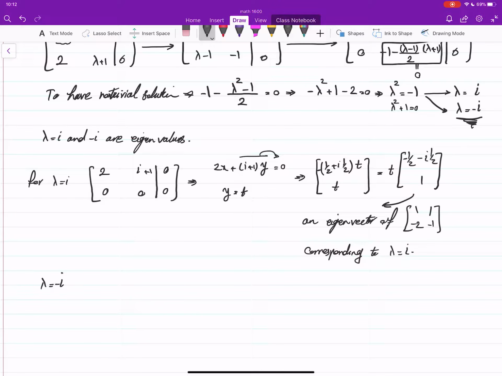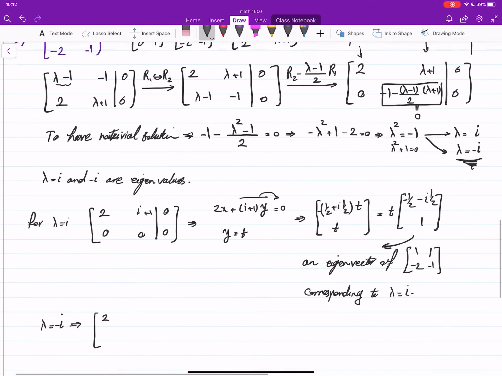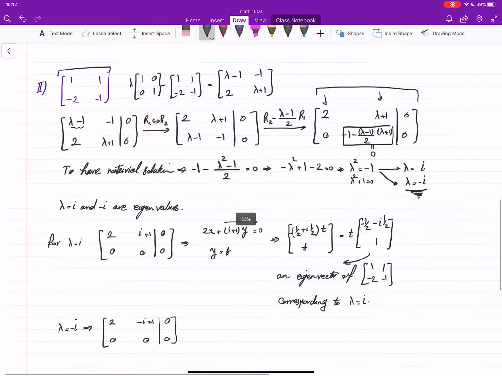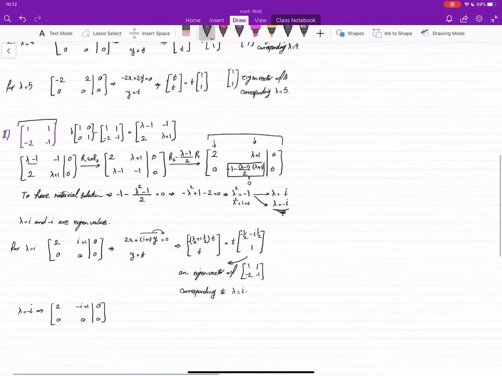So that's how we get that. Sorry, that was a small mistake. For lambda equal to negative i, please try to do it yourself. In other words, try to solve this system: 2, minus i plus 1, 0, 0, 0, 0. That way you will be able to find the eigenvectors for lambda equal to negative i.